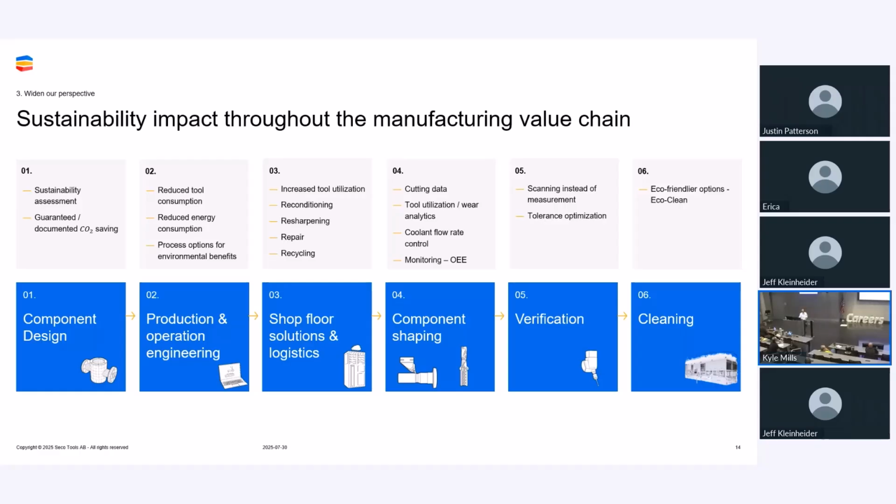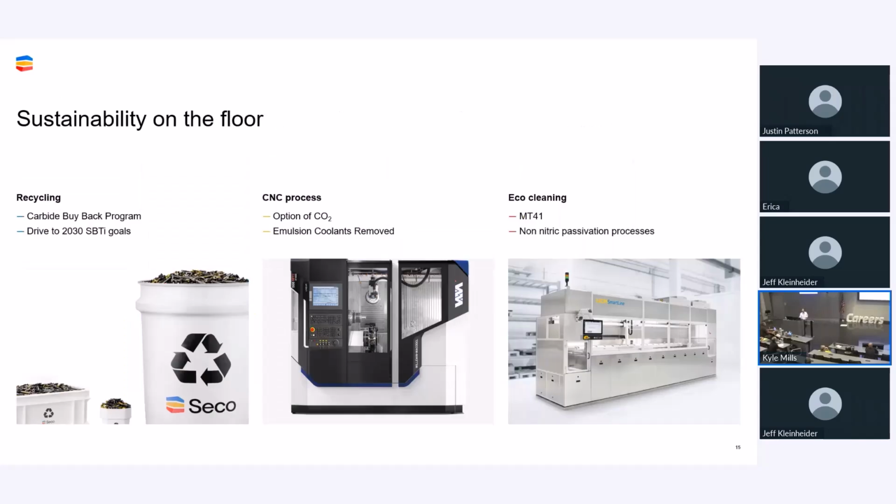We want to make sure that you guys are hitting your sustainability targets as well. Looking at the recycling side, while I was here I figured I could give you an update. SECO and many of your suppliers are buying back your carbide, at probably one of the highest rates in a long time. We're buying back carbide for $13.60 a pound right now, one of the highest rates it's ever been in my 10 years at SECO.